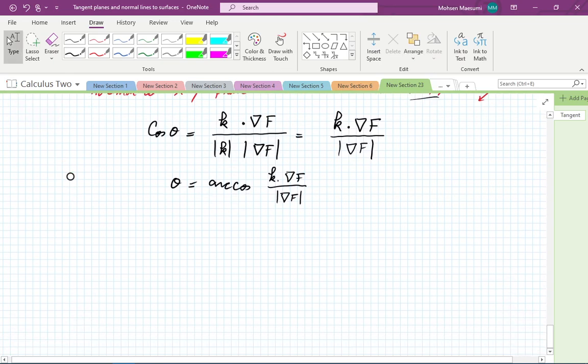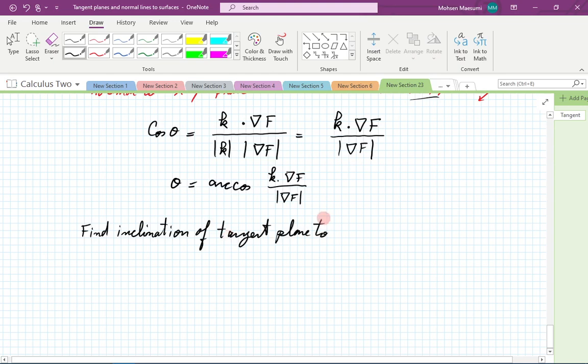So let's do a quick example. Find the inclination of the tangent plane to 2xy minus z cubed equal to 0 at a nice point, (2, 2, 2).